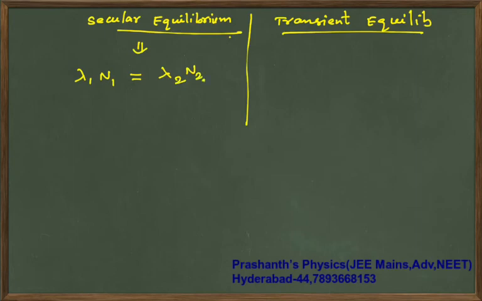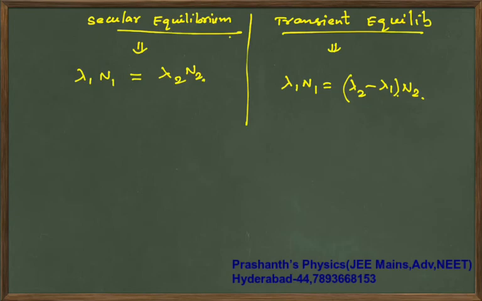In chemical equilibrium you will study this. In transient equilibrium, what will happen is your lambda 1 n1 is lambda 2 minus lambda 1 times n2. So like this you are supposed to keep your formulae in mind, check validity of equations and then simplify.